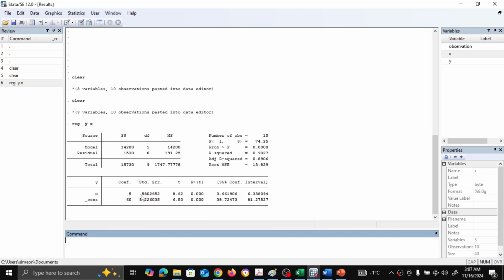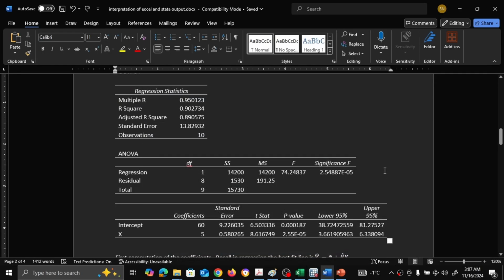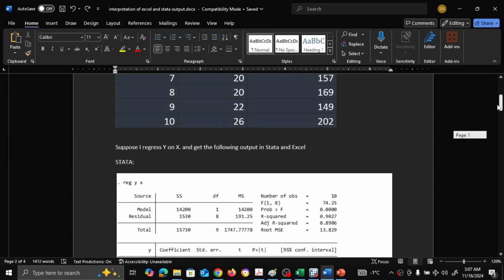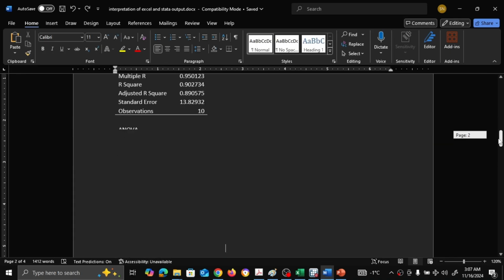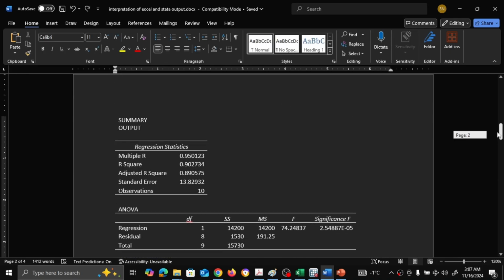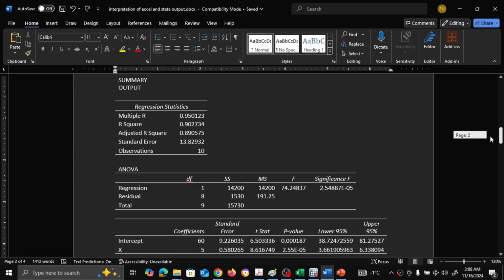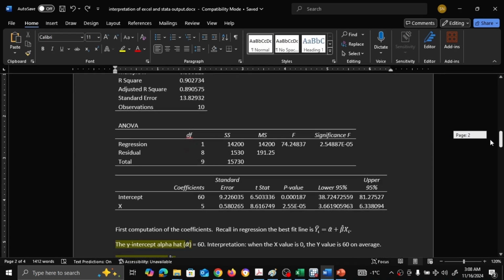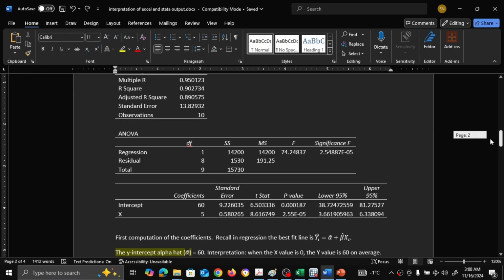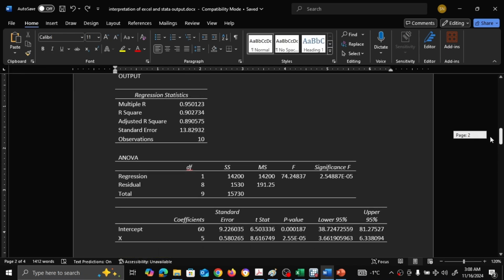And if we just double check real quick, I think it looks about the same. Yeah, I think it's about the same. And if you actually compare the STATA and Excel, you see a lot of similarities. In general, the results should be pretty much exactly the same.